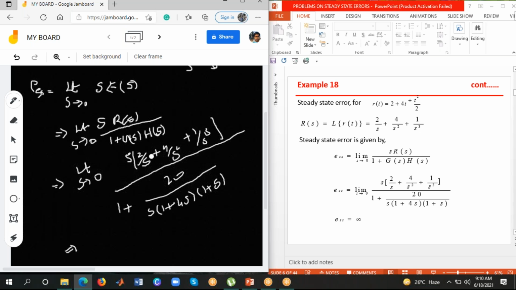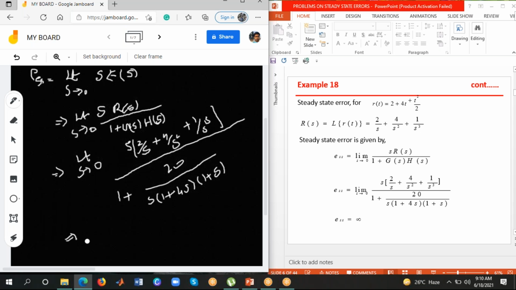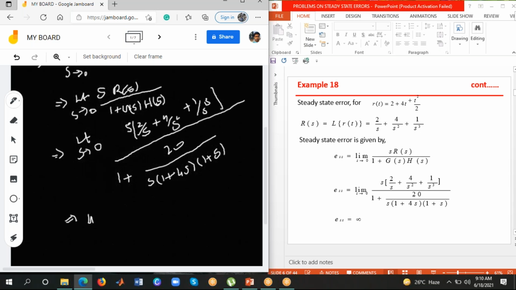Take 1 by s common from each term, then you will get limit s tends to 0. If you take 1 by s common, then you will get 2 plus 4 by s plus 1 by s square.